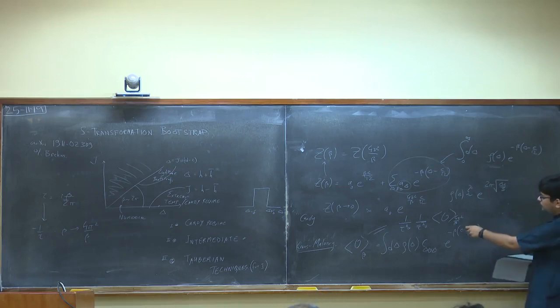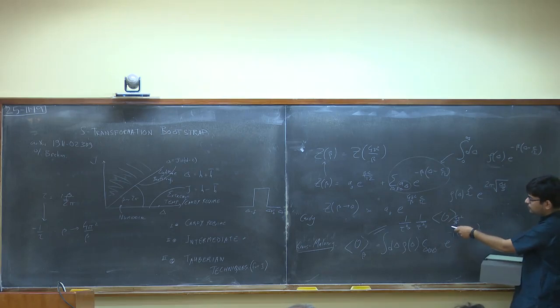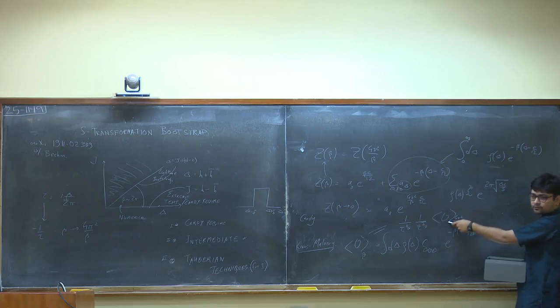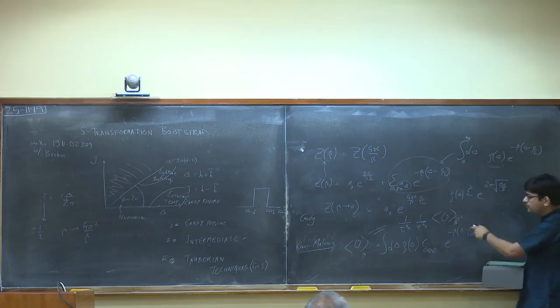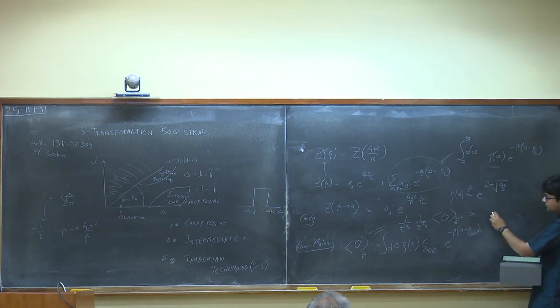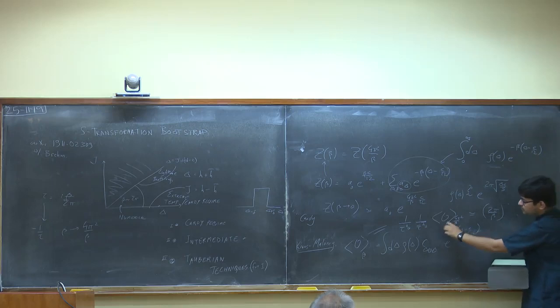So now in the beta going to 0 limit, I can just use the vacuum result, but the vacuum is 0 here because the vacuum doesn't contribute. The leading contribution comes from the lowest primary, so this gives you 2 pi over beta to the power delta O, if I assume O to be scalar.